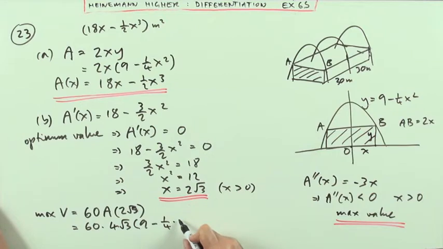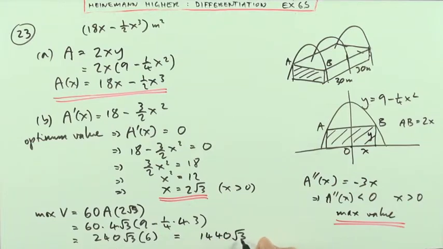So 2 root 3 times 2 root 3 will be 4 times 3. So I've got 240 now in there. 240 root 3 times 9 minus, that's just 3, is 6, times 6, which eventually just gives me 6 times that. So that's going to be 1440 root 3, and I presume it's all in metres cubed for the exact value of the maximum volume.